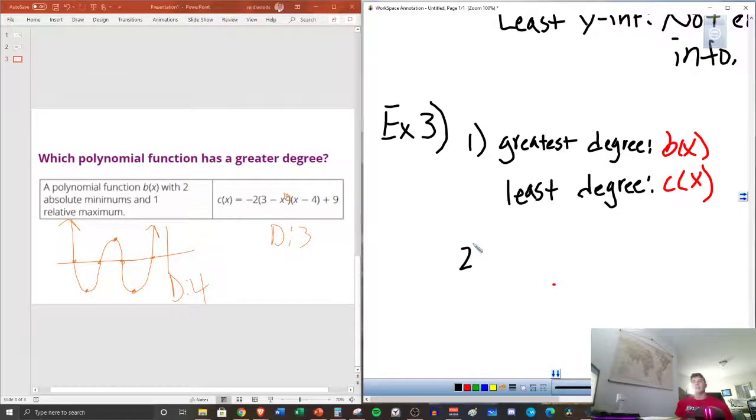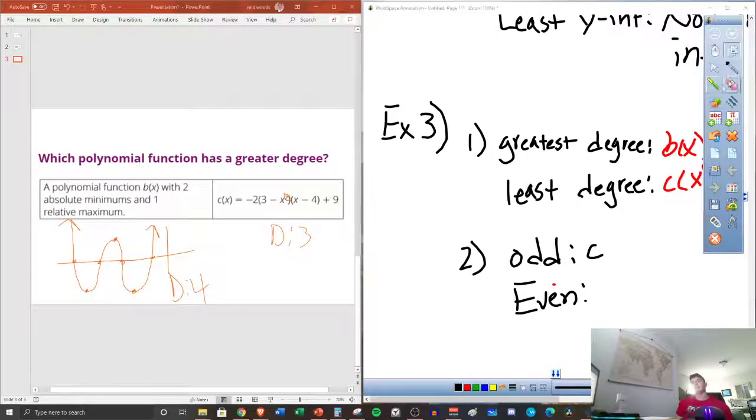All right. Number 2, odd and even. Let's see what you say about this. Pause it right now. All right, so the odd degree is going to be C of X. And the even degree should be B of X because it's 3 and 4. So C of X has 3, B of X has 4.